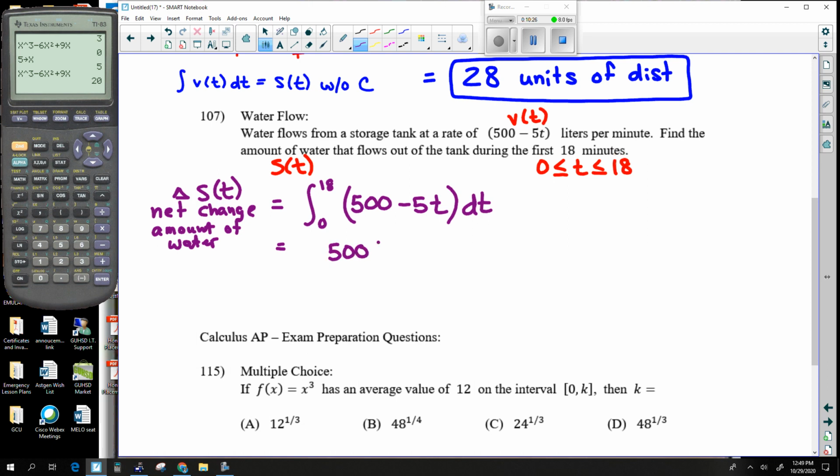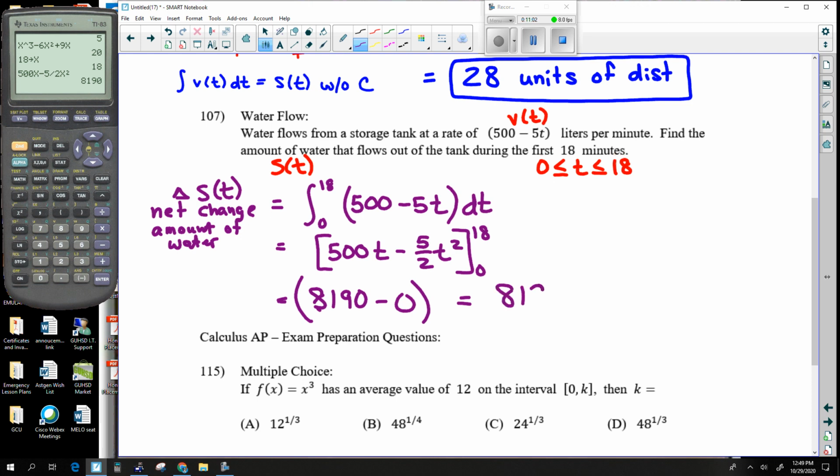So this is going to be 500t minus 5 over 2t squared. And so at 18, this is going to be 8,190 minus 0 for the evaluation at 0. So this is 8,190. And again, that was a change in the amount of water, and these are in liters.